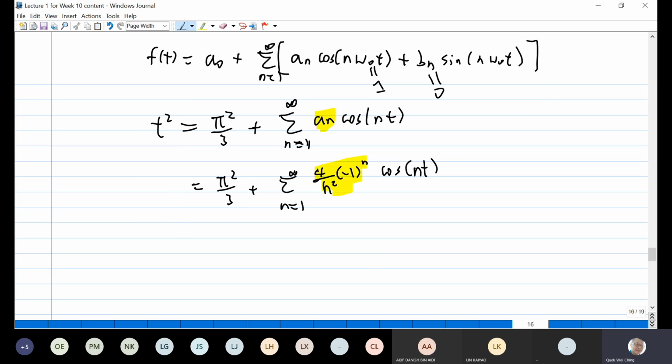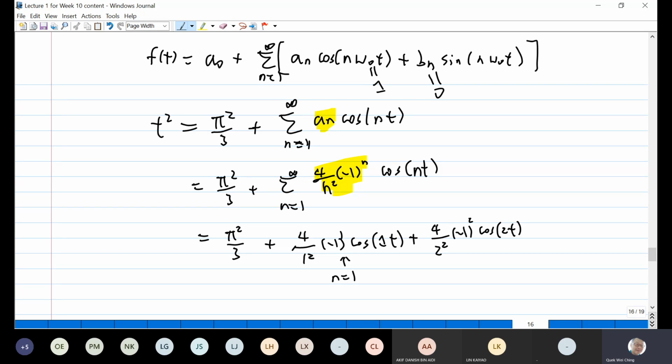If we expand it out, what does it mean? It means pi squared over 3, and now you put n equal to 1 first: 4 over 1 squared times -1 power 1 cosine t. Then n equal to 2: 4 over 2 squared times -1 power 2 cosine 2t.